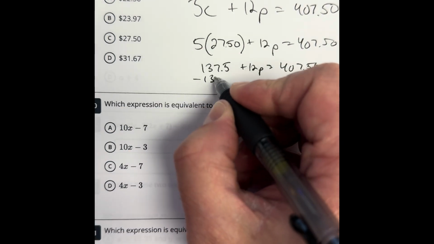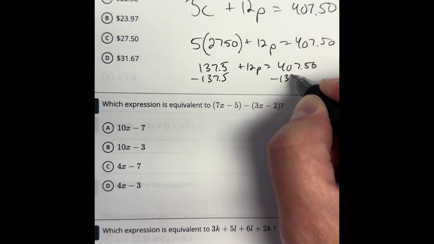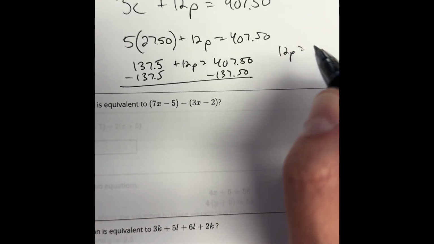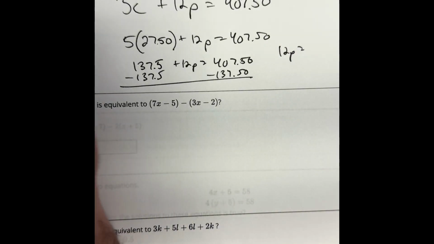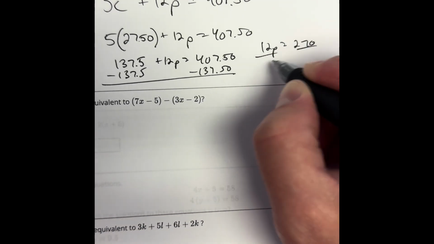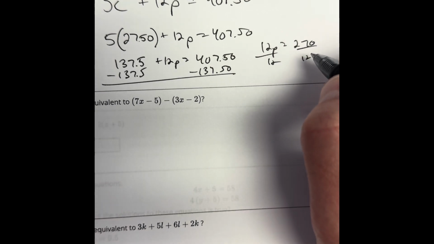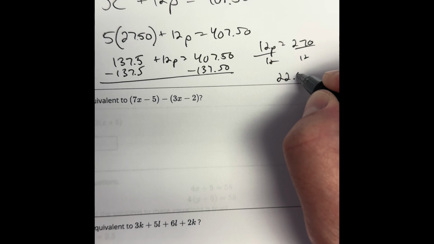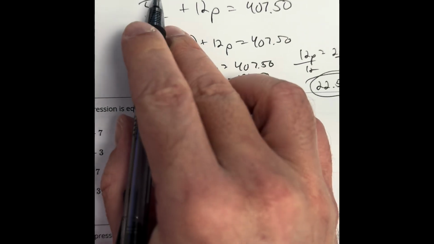I'm going to subtract 137.50 on both sides. I'm going to have 12p equals 407.50 minus 137.50. It's going to be 270. Divide by 12 on both sides. I'm going to get $22.50. Okay, so each player was $22.50.